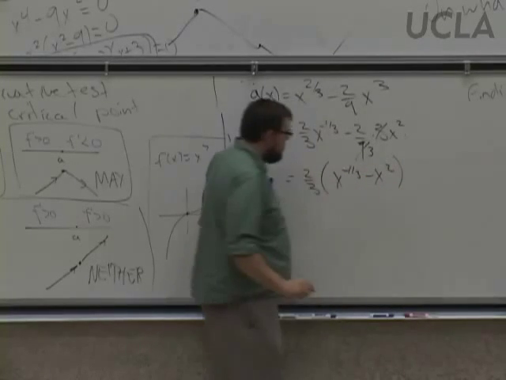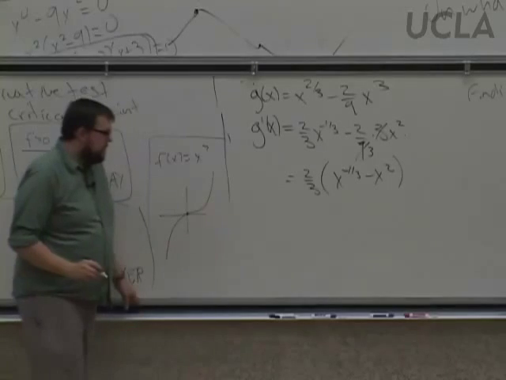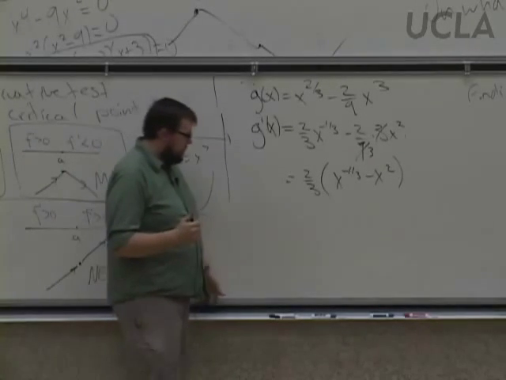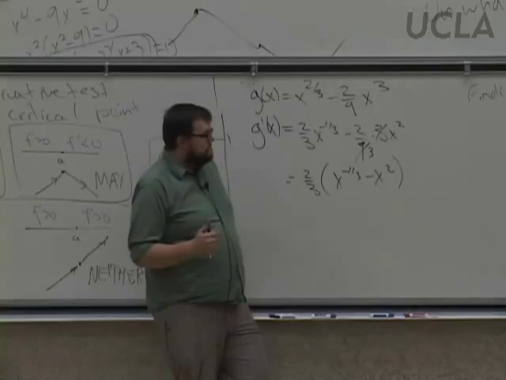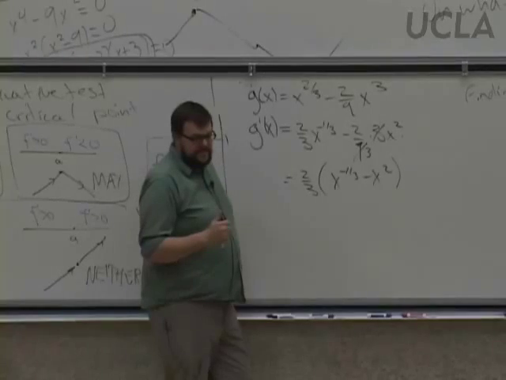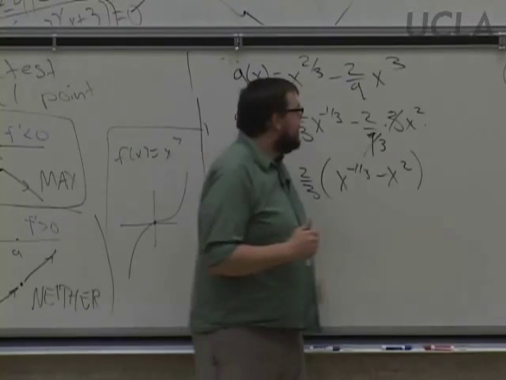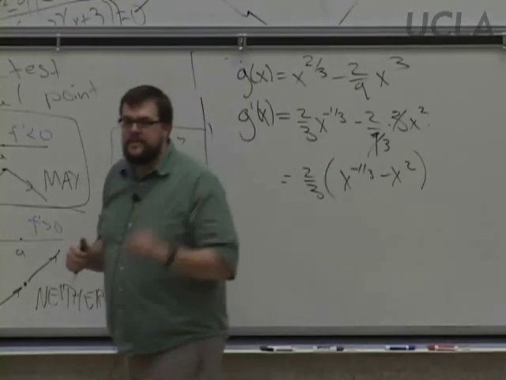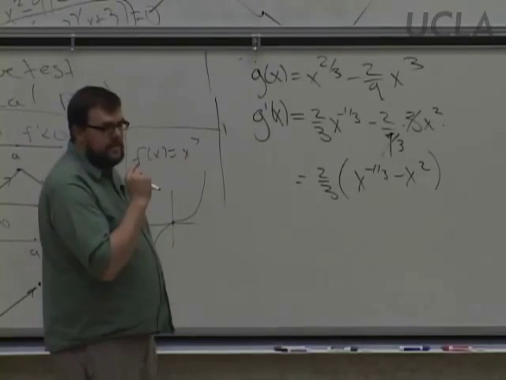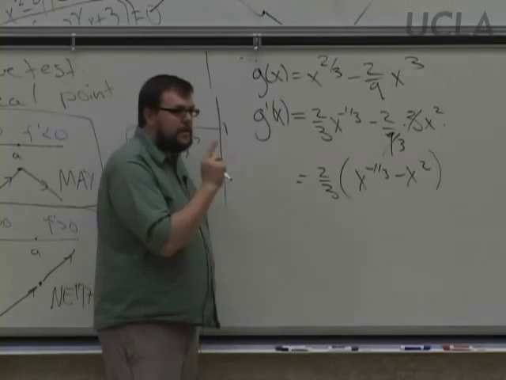Okay, so critical points. Is the derivative ever undefined? Yes. Now, the function is always defined. The derivative, in this case, isn't always defined. Where do we run into trouble?